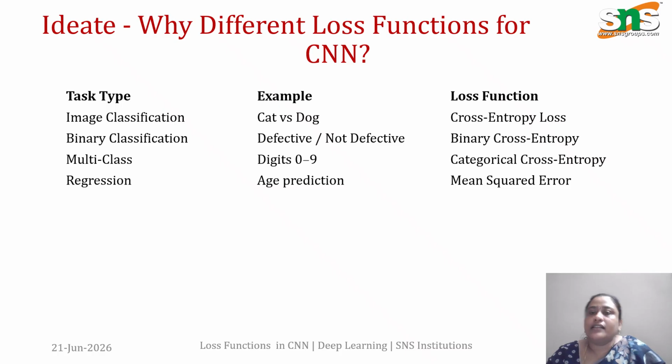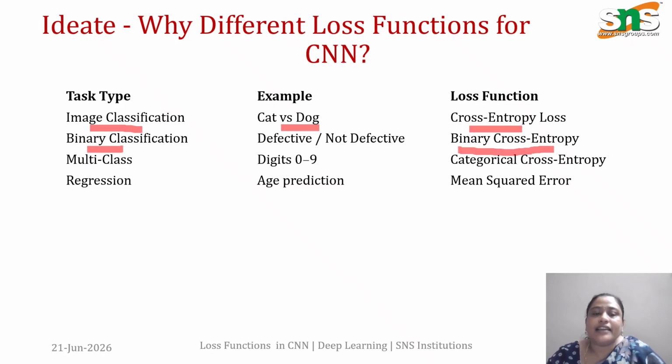In the convolutional neural network, we have different types of loss functions. For image classification, like in the previous video, if it is cat versus dog, then the loss function that could be used is cross-entropy. If it is a binary classification like yes or no, defective or not defective, spam or not spam, we use binary cross-entropy.